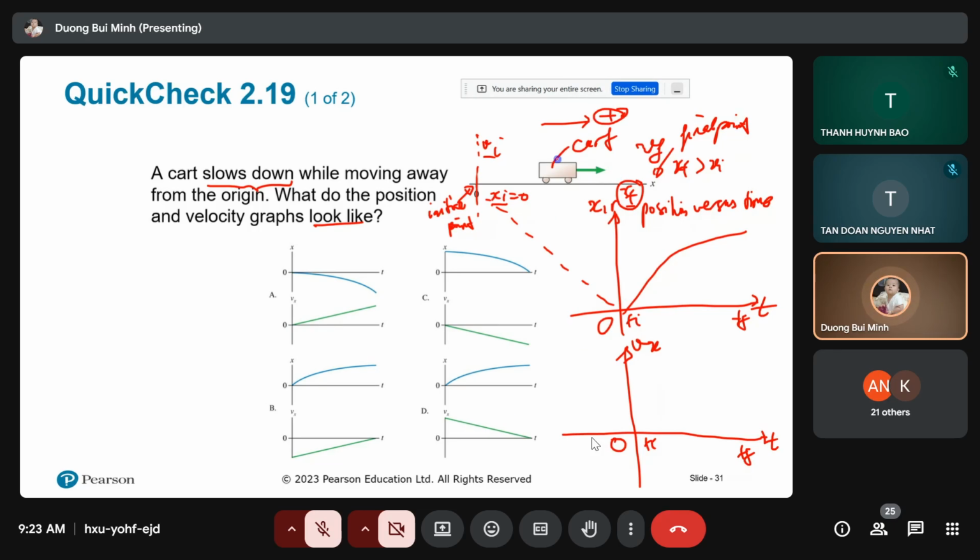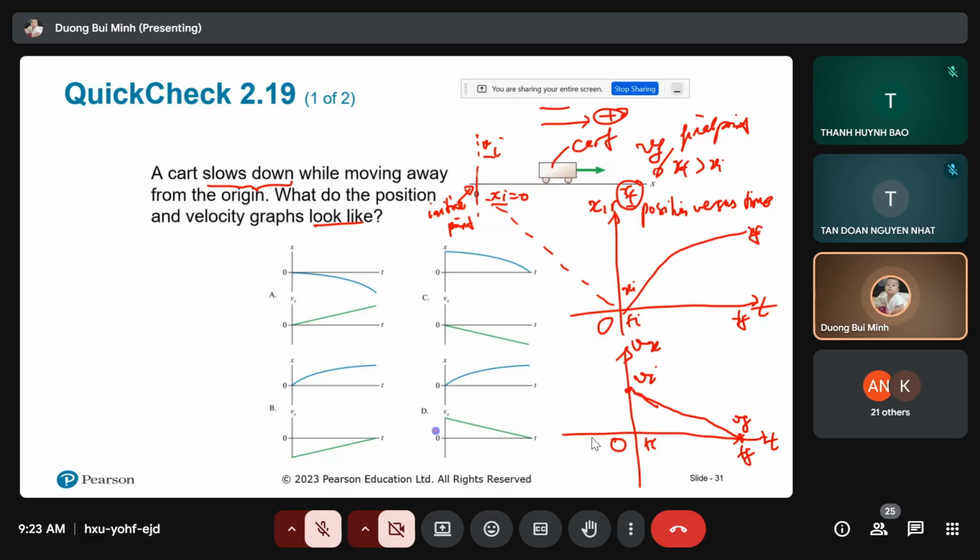And the velocity is also positive because it has the same direction as the position. At the beginning vi is the highest value, and then after some time from ti to tf you get 0. This is vi, this is vf, this is xi, and this one is xf.